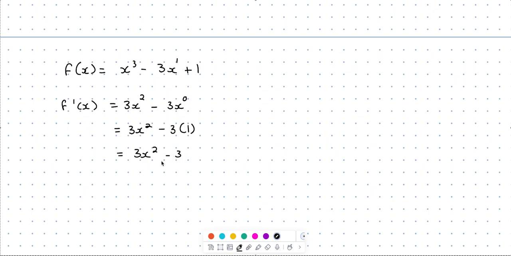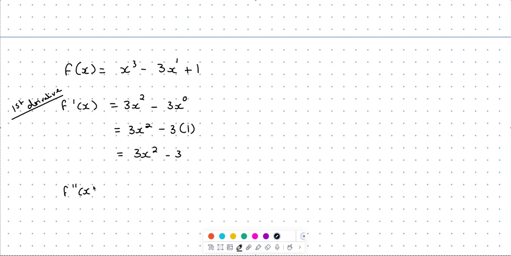The next piece I need to look at is the second derivative. This is what we call the first derivative, and that's used to find the slope of any tangent to the curve. To talk about whether it's a maximum or a minimum point, though, we need to get the second derivative.